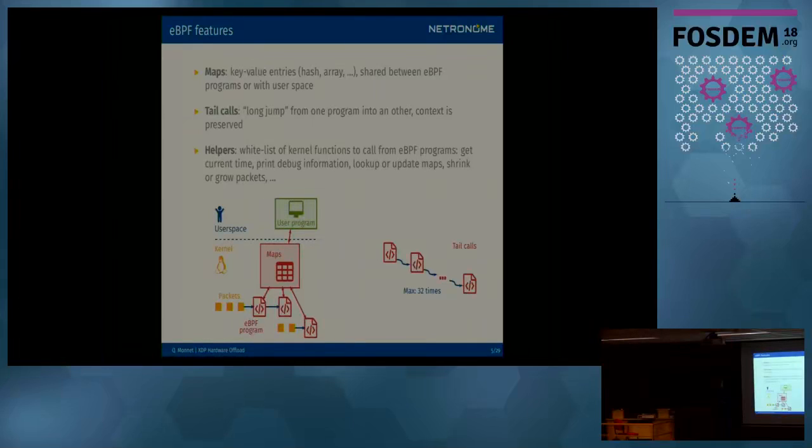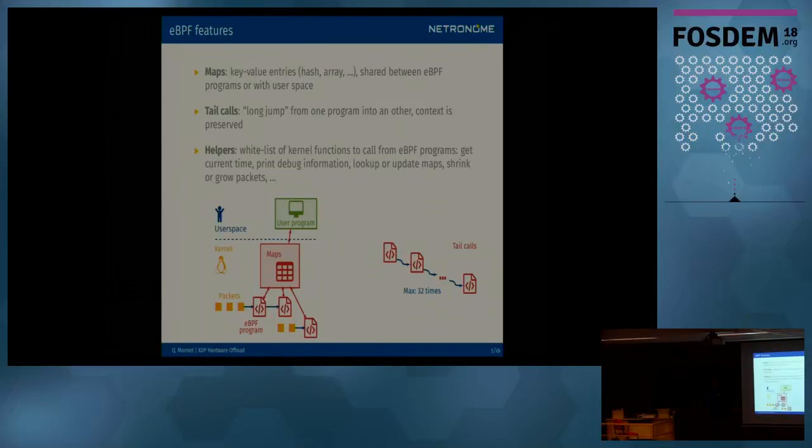We have, for example, hash maps, array maps, and a variety of other maps for some specific use cases. We have tail calls that are some kind of long jump from one program to another one. This allows for chaining several programs.